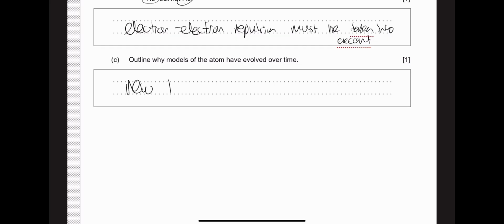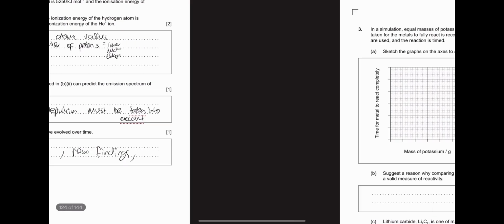There's been new technology, new advances, new findings, new evidence. I think they would even accept developments in recent models. Honestly, just say anything for this. It's a weird question, but yeah.